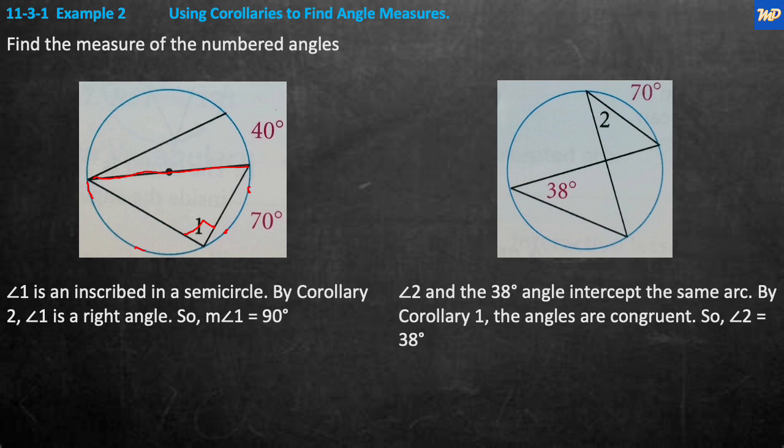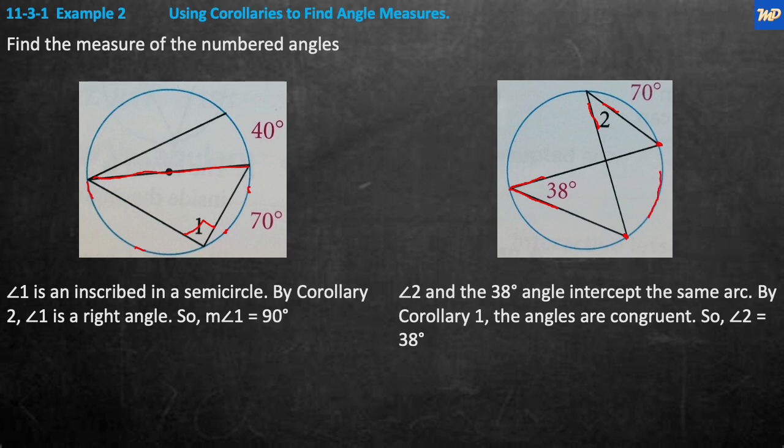Now let's look at the other one. Angle 2, they want us to find the numbered angle. So now we're looking to find 2. So what is the measure of angle 2? Well, remember we talked about, maybe it's the 2nd corollary. If 2 inscribed angles, these are inscribed angles, this one here and this one here, and this angle here too is inscribed, and they come out to a point. Angle 2 comes out and intercepts, the intercepted arc is right here.